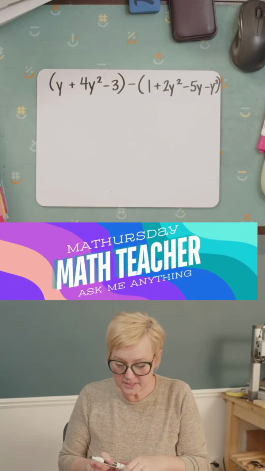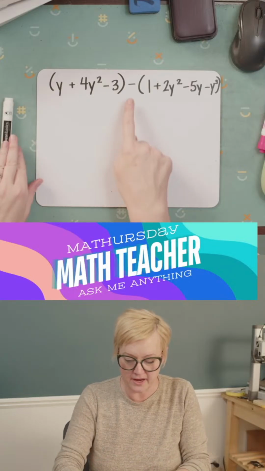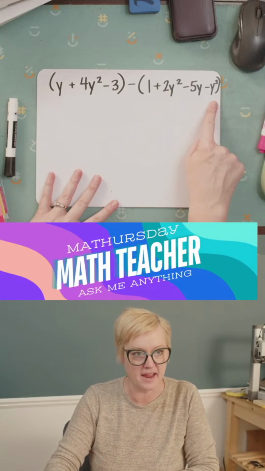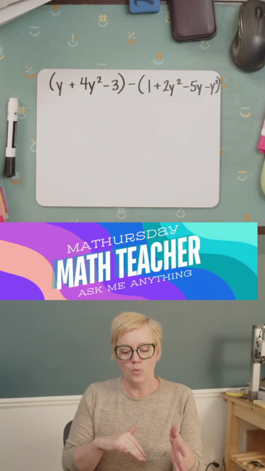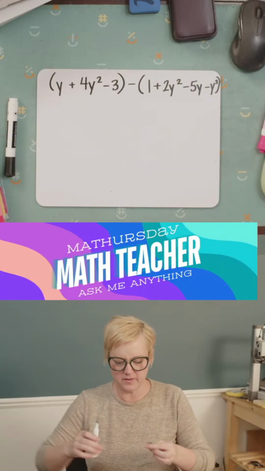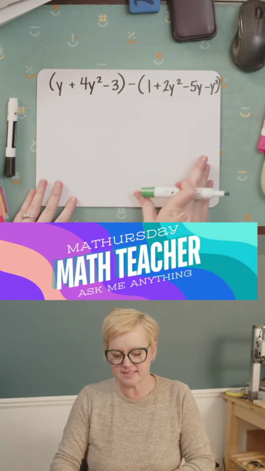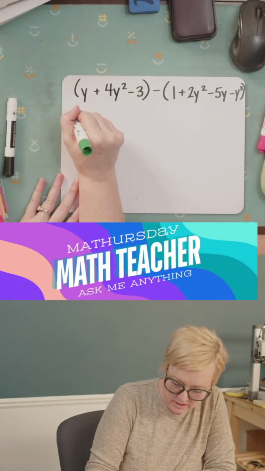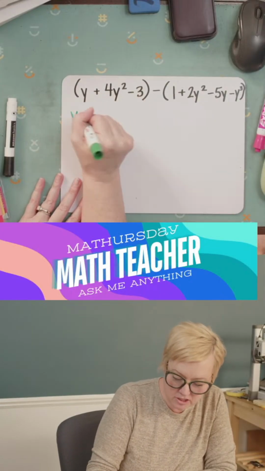So some people prefer to go through and distribute this negative, where you would just flip all the signs. So we can go with that. That's fine for this one, because it's not in standard form, so I don't have anything to distribute through this.